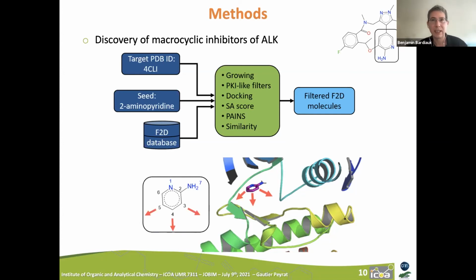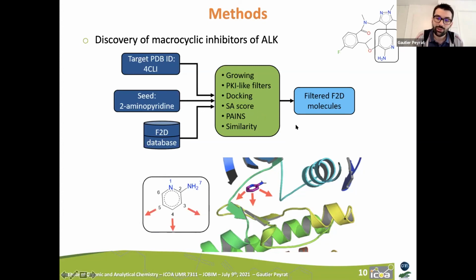Okay, I will take the last question. You said that those macrocycles can be quite difficult to synthesize. Do you have a way to predict how difficult they would be to synthesize? So it could be an additional filter. Yes, actually we apply one score, which is the SA score, the synthetic accessibility score from RDKit.